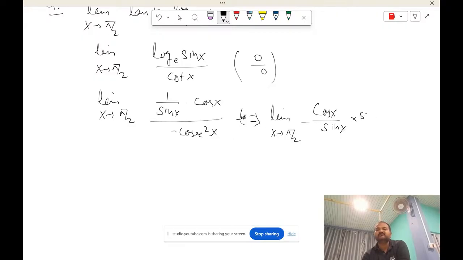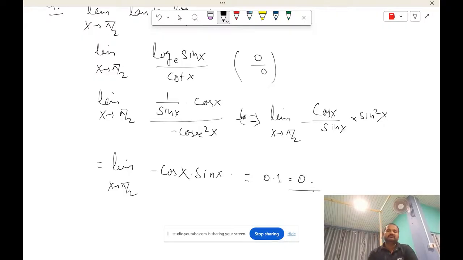So sin square x will go upside, so it will be equal to limit x tends to pi by 2, sin x will be cancelled, so minus cos x into sin x. So we will substitute the value: cos pi by 2 will be 0, and sin pi by 2 will be 1. So its value will be 0. This will be the final answer. Okay.